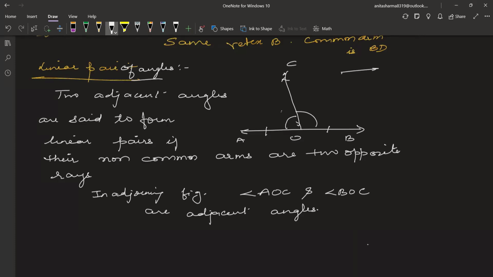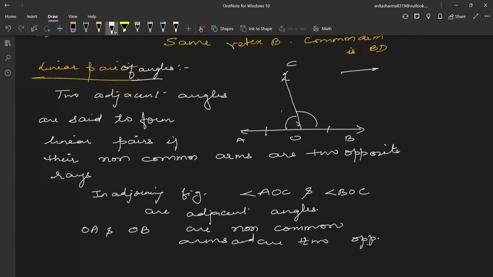And OA and OB are the non-common arms, and are two opposite rays also.